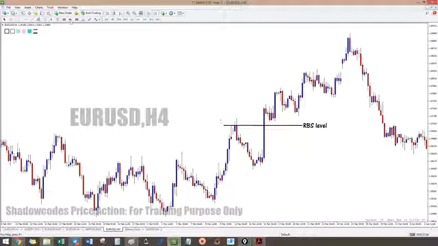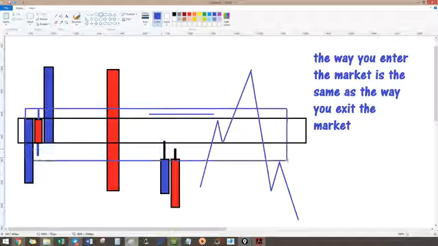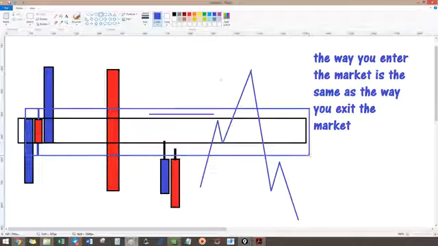So what we're going to do is draw our swap zone over here. You can also take the shadow, but usually we will take only the body. Like this, the one that I draw, we only take this one. You can take all of this zone as your area.